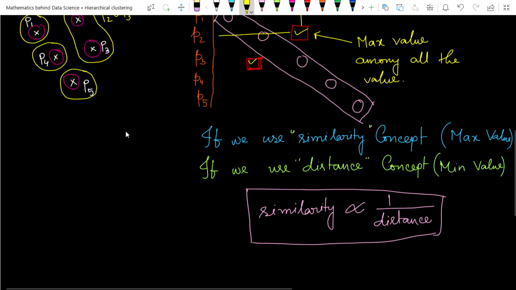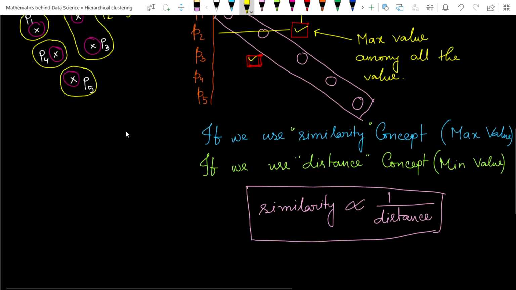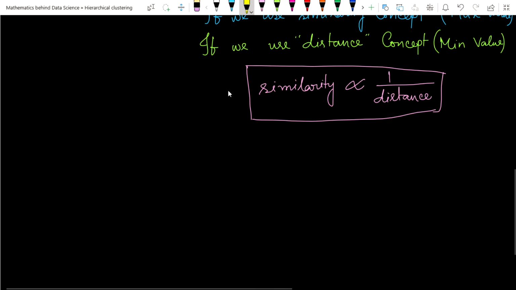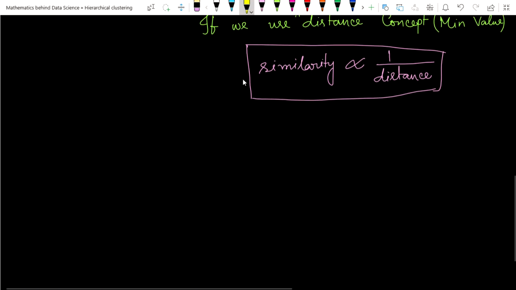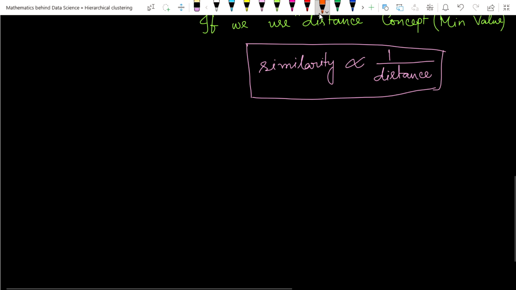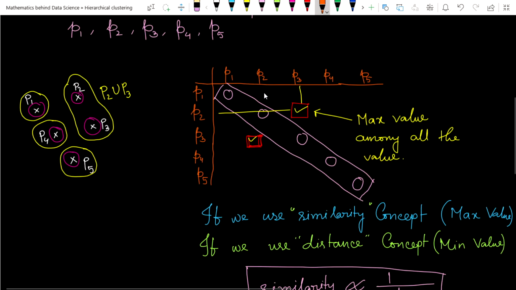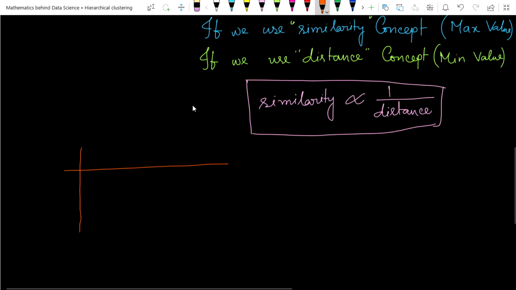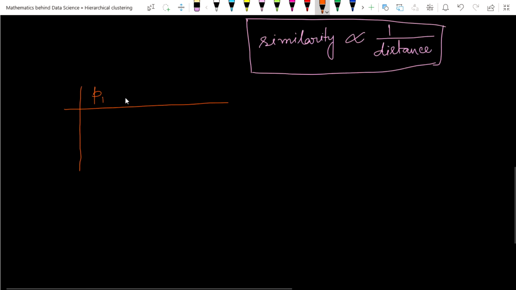Now in the next step, the proximity matrix that we have will be of this type. Instead of using P2 and P3 as different points, we will use them as a single point. First point will be P1, second point will be P2 union P3, third point will be P4, fourth point will be P5. Similarly here also.